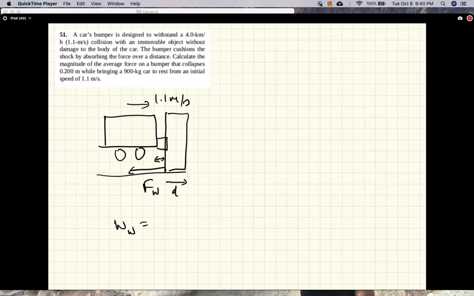So the wall does negative work on the car. The angle between the two is 180 degrees, so it's cosine 180 degrees, and that is equal to the change in kinetic energy of the car.